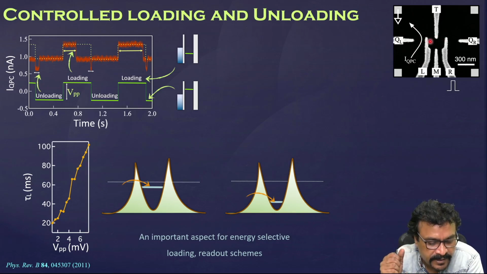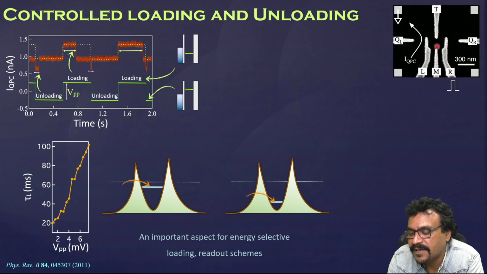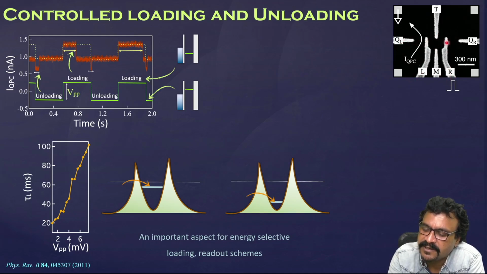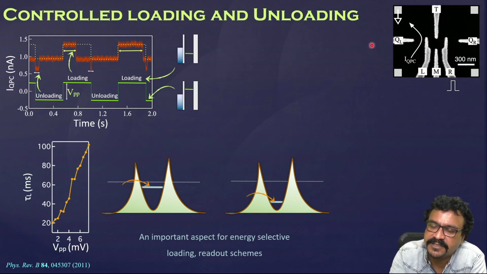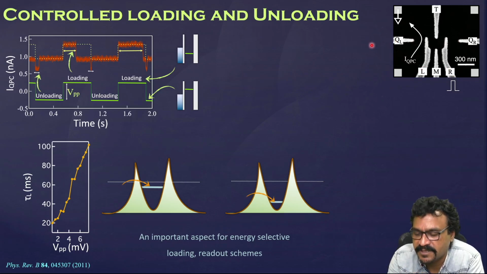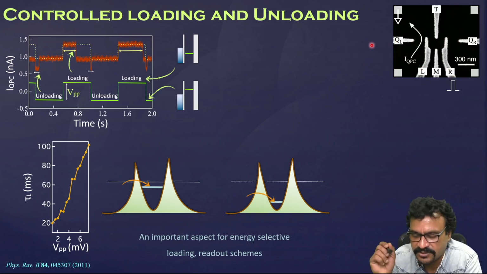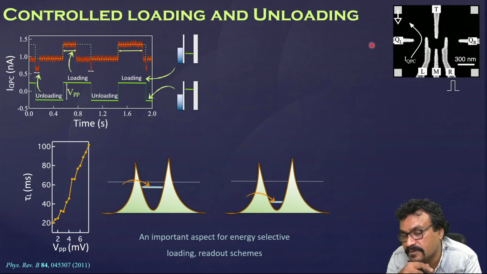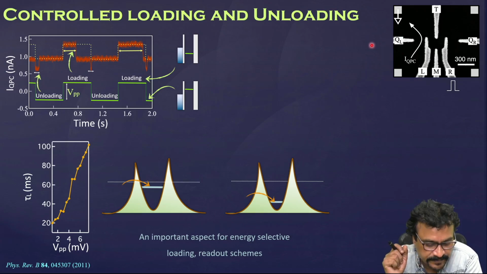Now, we are going to apply a pulse to one of the gates which will preferentially address this dot. Imagine that there are many dots, then you can apply this pulse to the appropriate gate so that you can change the configuration or you can manipulate the state of the appropriate or individual dots, which is an important criterion for the practical realization of qubits.